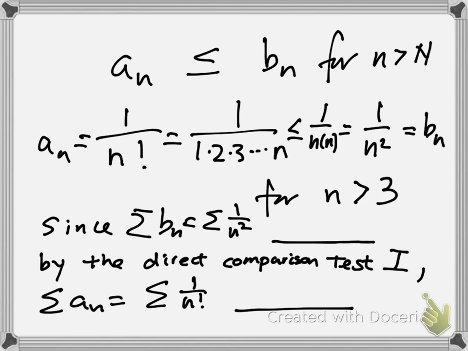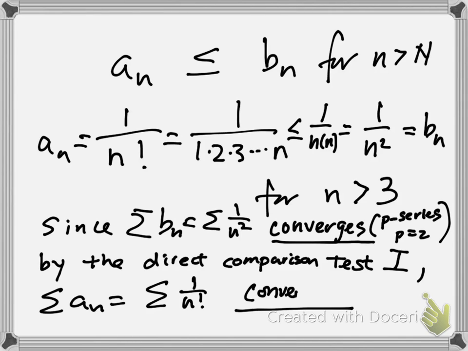So this converges because it's a p series and p is equal to 2, and so this also converges. And that's how we prove that the series is converging for exercise 11.